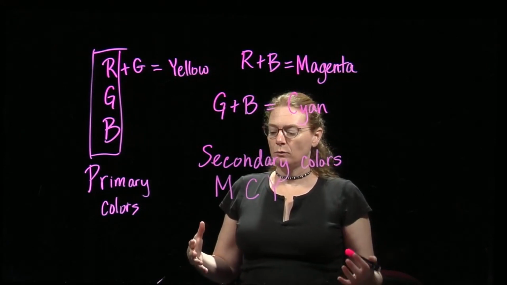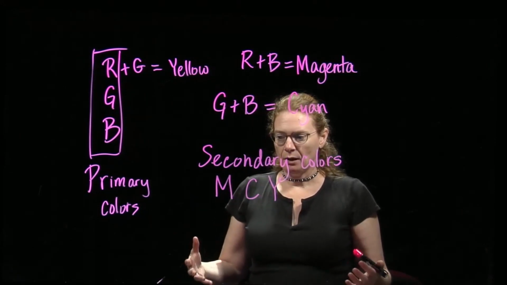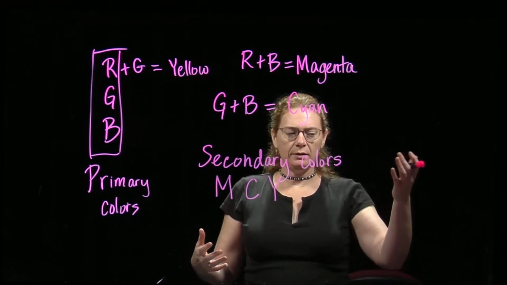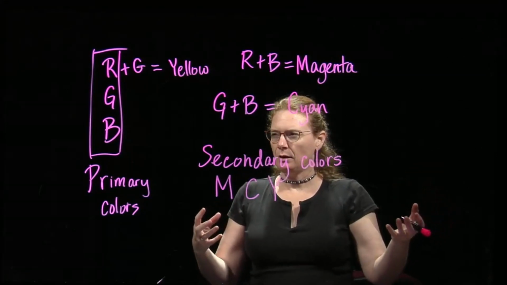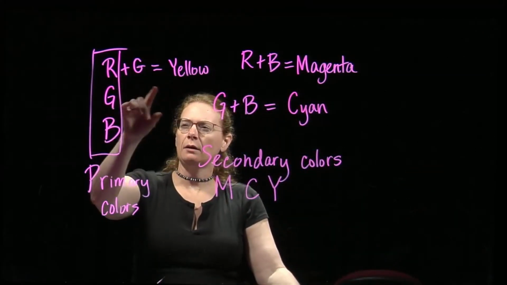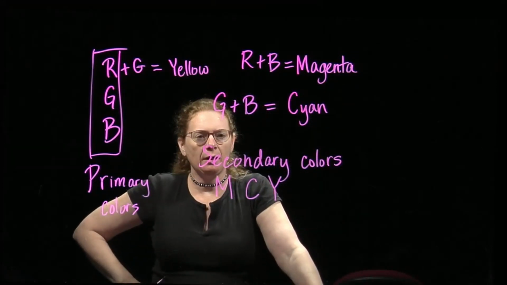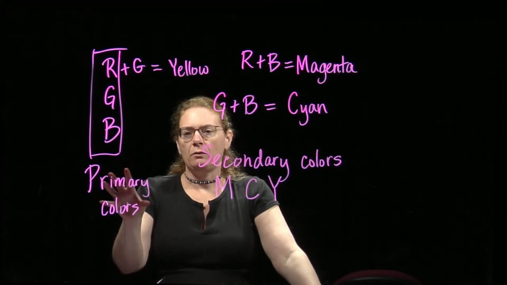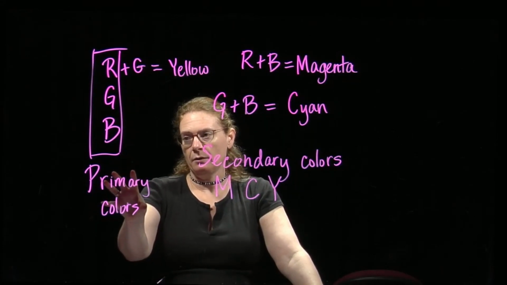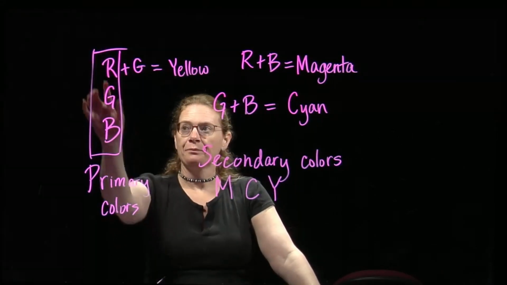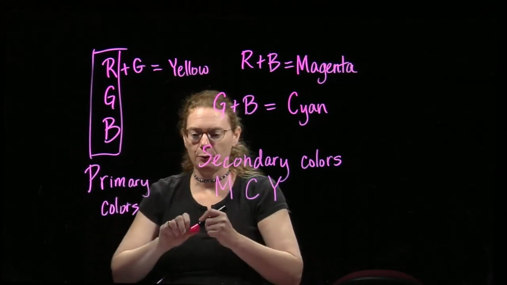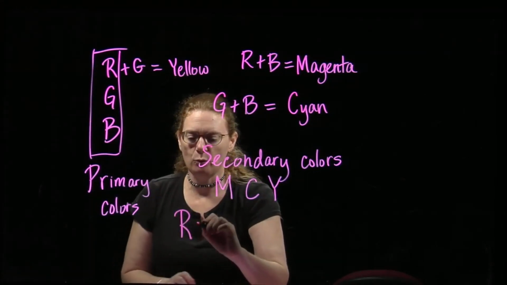What is white light? Red and green made yellow, so we've got all these colors. How do we end up getting white light? Turns out that if we add all three primary colors together, you will end up with white. You add red plus green plus blue, you will see white light.